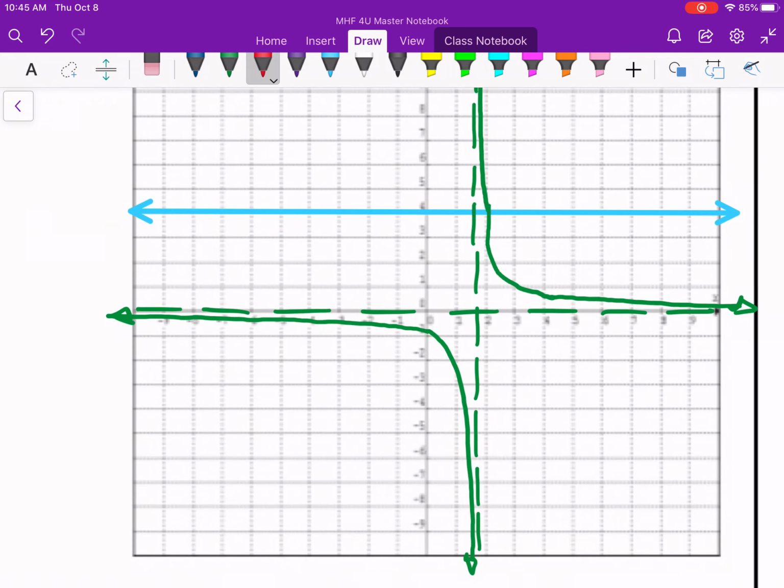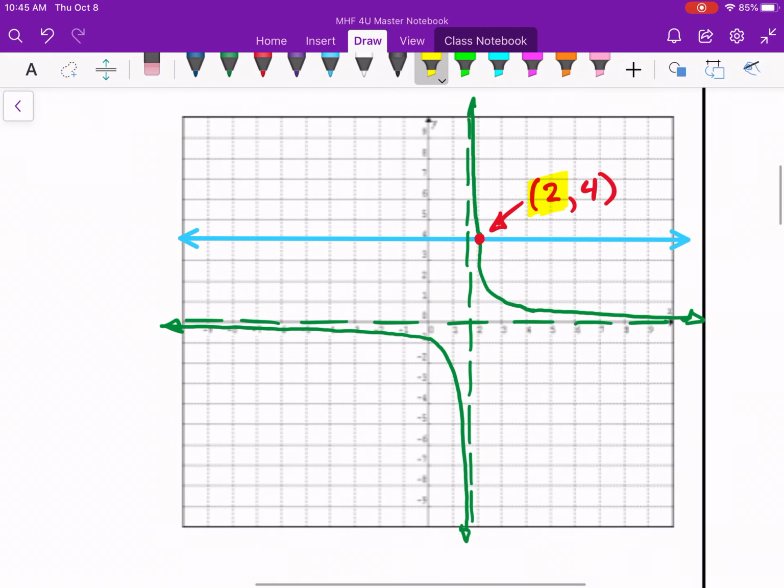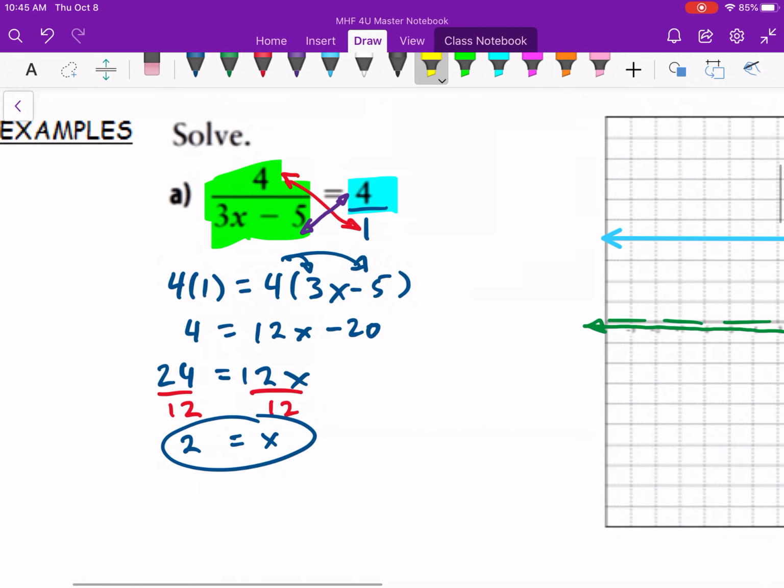And when x equals 2, lo and behold, it does intercept the graph here at the point (2, 4). And so that's our point of intersection. That's our solution, right? All I'm doing by showing the graph is showing that whether we do it algebraically or graphically, we should get the same answer.